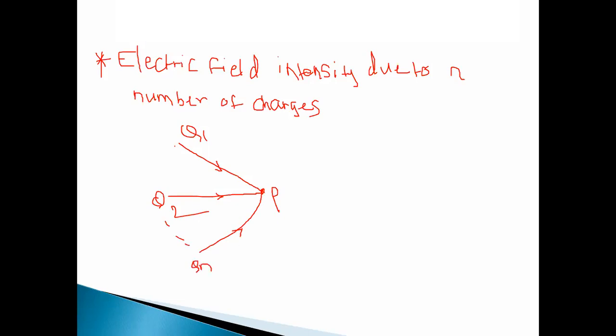Now, this is our electric field intensity E bar here. We are giving this as E bar is equal to Q divided by 4 pi epsilon 0 r square into a bar r.